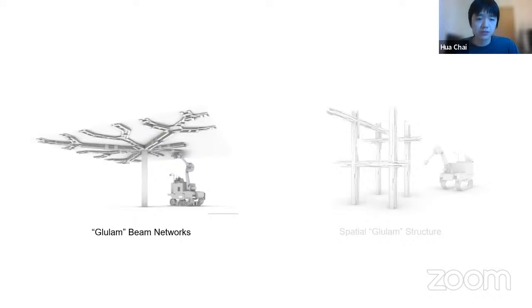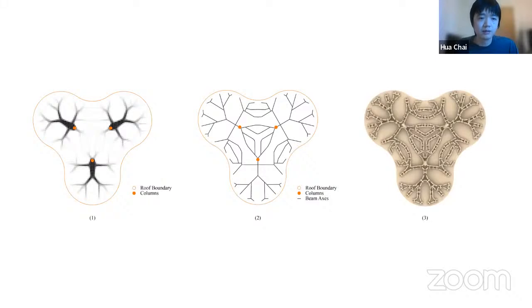We first conceptualized a system called glue-lam beam networks, which is assembled by the robot from beneath a slab to reinforce the structure for potentially multi-story buildings. At the heart of this building system development is a material-efficient beam network that is compatible with the capacity of the robot platform.